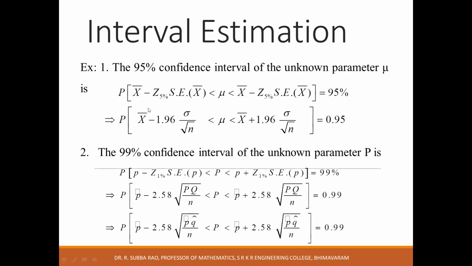The 95% confidence interval for the mean mu is: probability of X bar minus 1.96 into sigma by root n less than mu less than X bar plus 1.96 into sigma by root n, which is equal to 0.95.